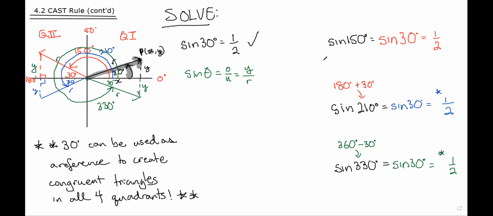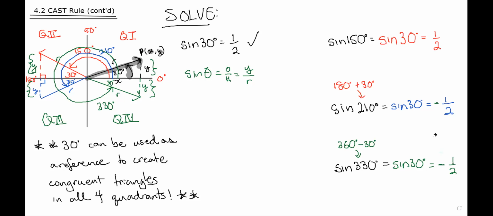So that's why this y value and this y value are exactly the same in terms of the actual length. This y should also be equal, and this y should also be equal because they're all the same triangle. The only difference is in quadrant 3 and quadrant 4, the y value is a negative. So it's actually a negative valued y over r and a negative value y over r.